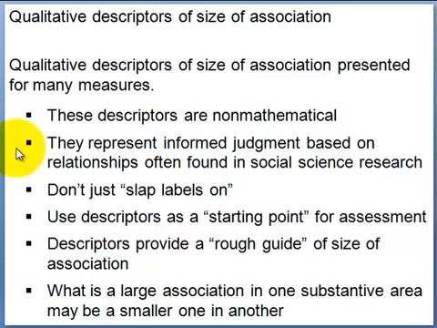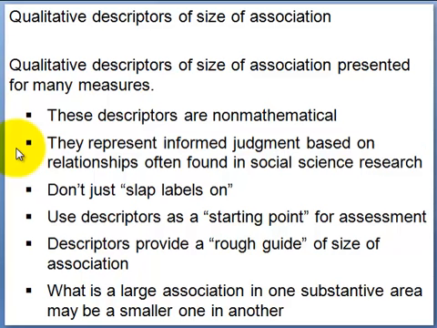If you see a relationship that's much smaller than many relationships that are often found in social science, and some of the notion would be it might be so small that it would hardly be worth considering at all, well then that's going to get a designation as a small relationship.